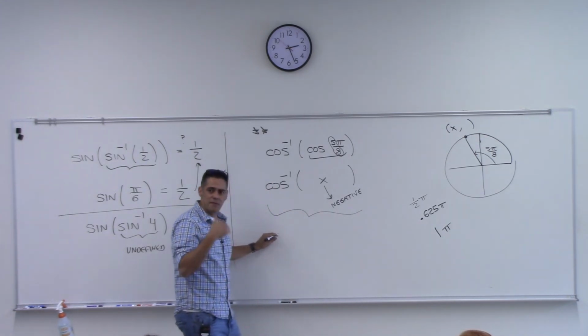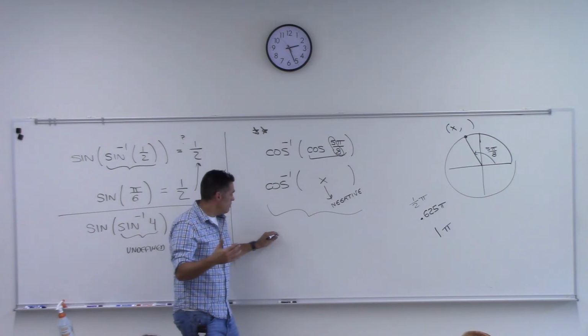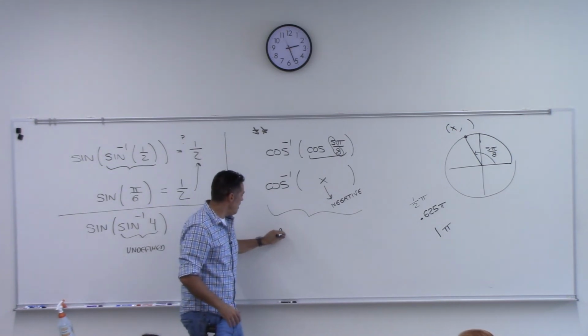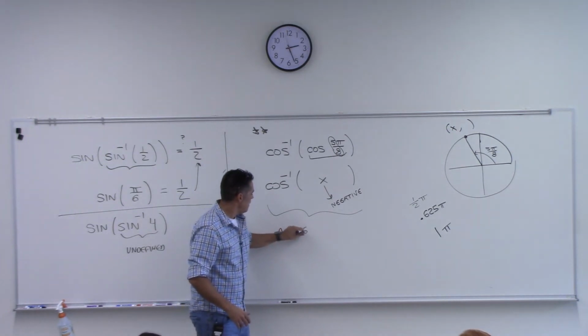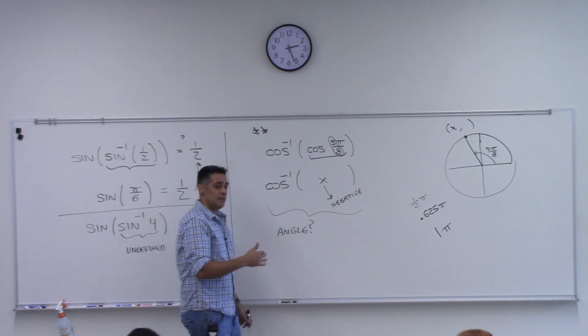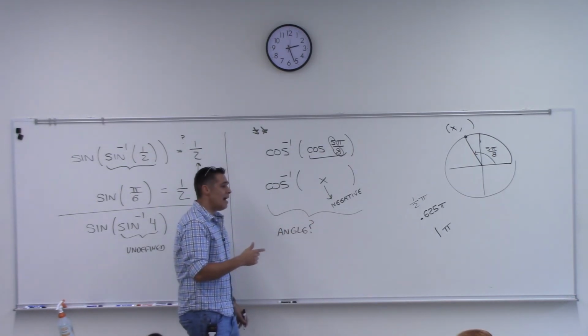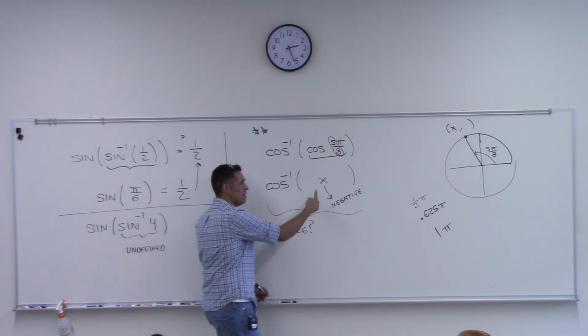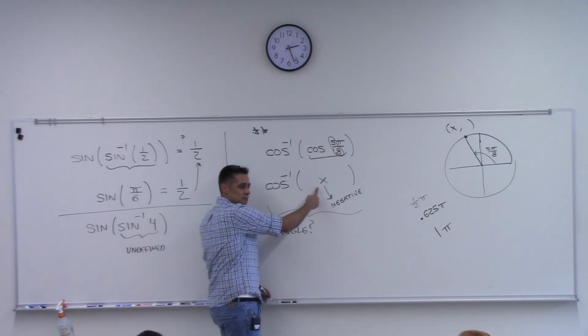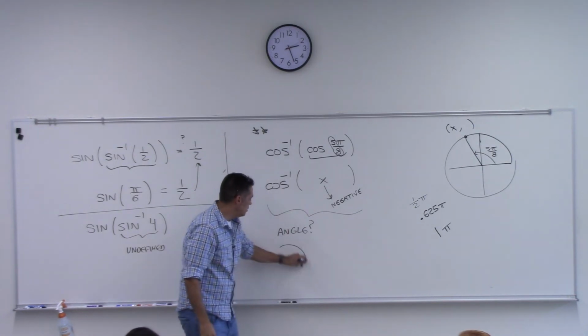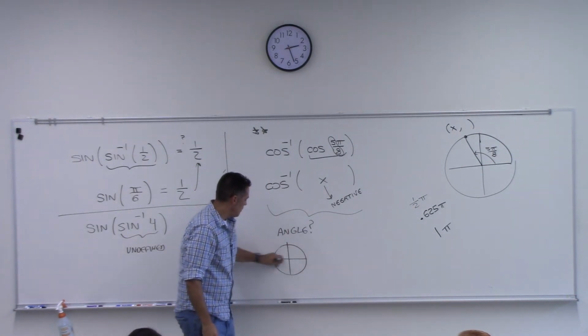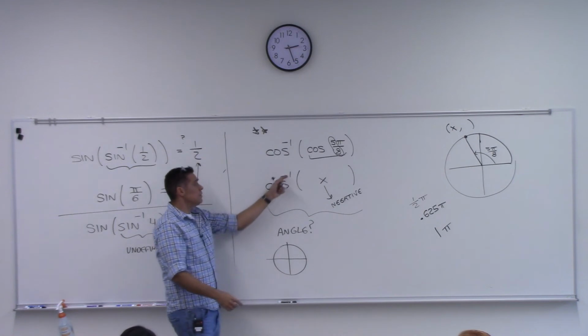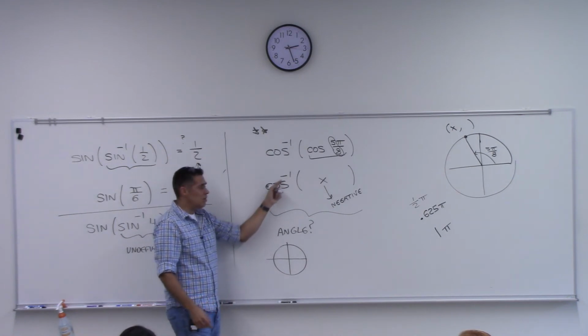It's saying for us to find the angle, right? Figure out what the angle is. What angle do you need in order to have the x-coordinate be this? But you can only live where? In terms of cosine inverse, where's the only place you can live?